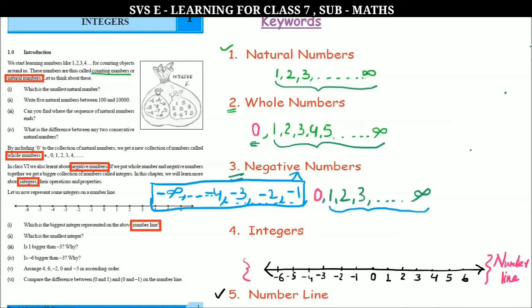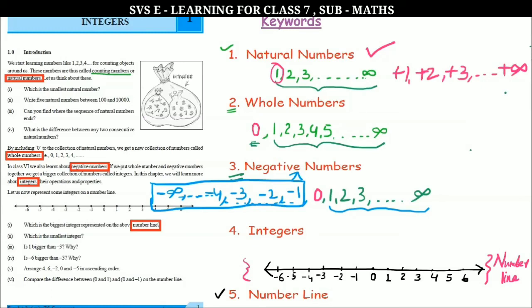With this, we come to the end of page 1. Let me explain very briefly the important points of page 1. We've seen what natural numbers are: numbers that start from 1 and go up to infinity, or you can say plus 1, plus 2, plus 3, so on up to plus infinity.